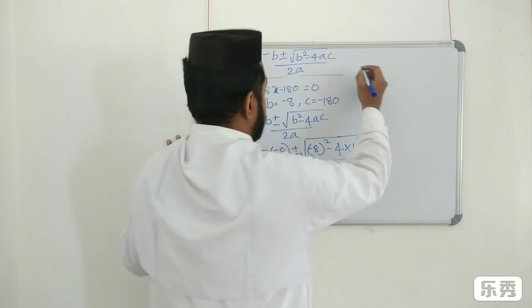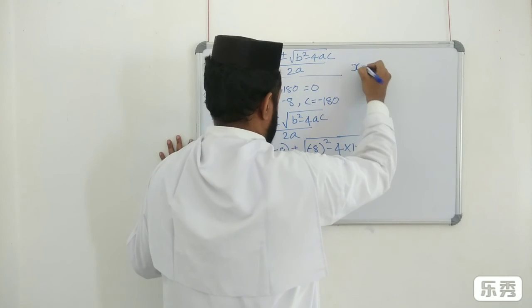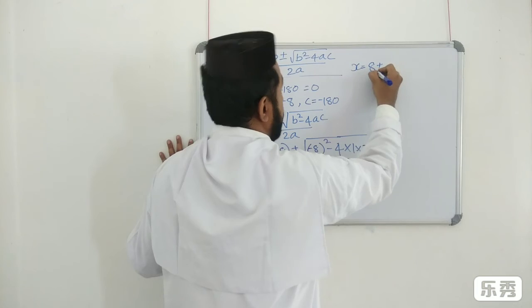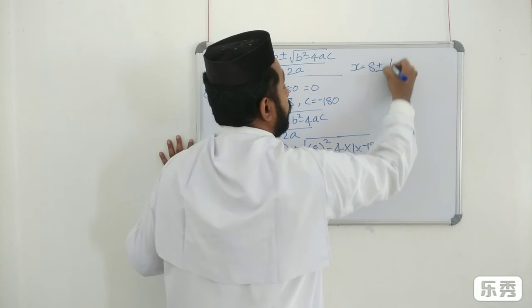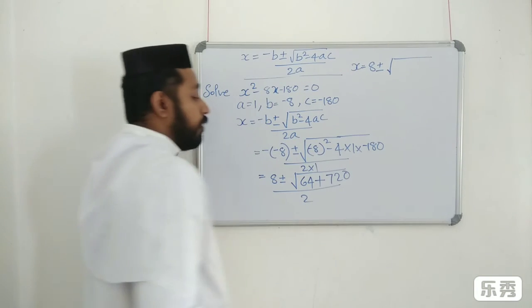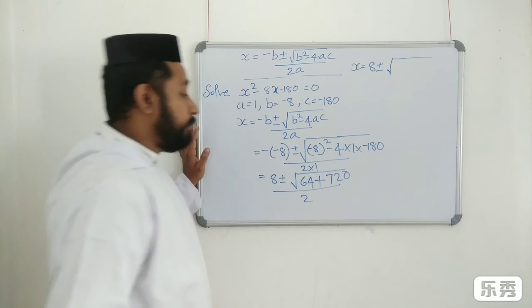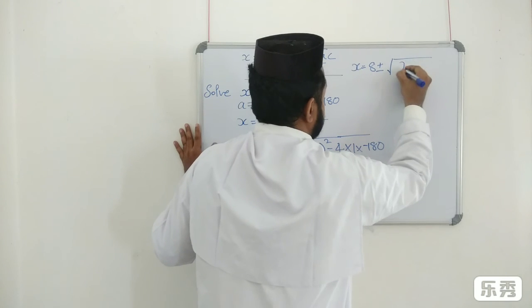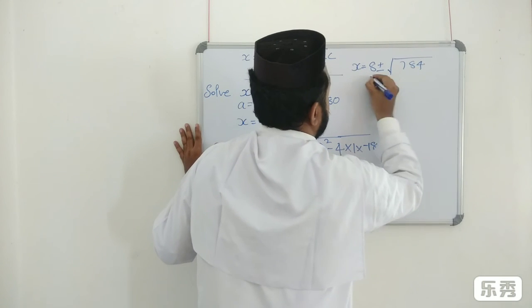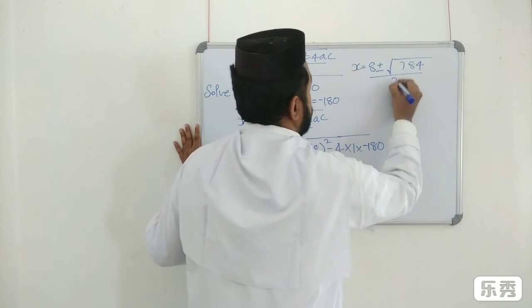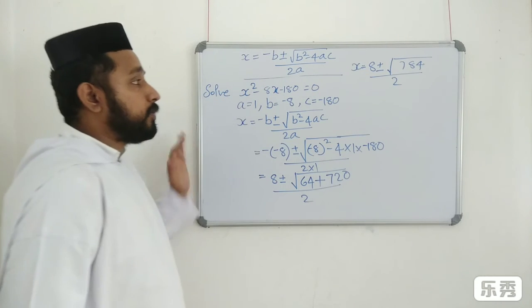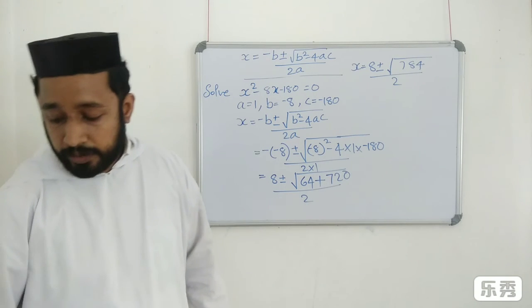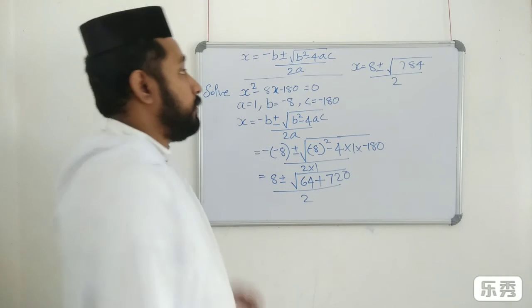Therefore, x is equal to 8 plus or minus root of 64 plus 720, which means 784, divided by 2. So x is equal to 8 plus or minus root of 784 by 2.